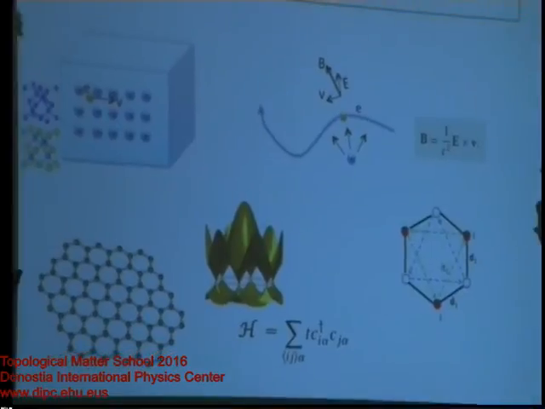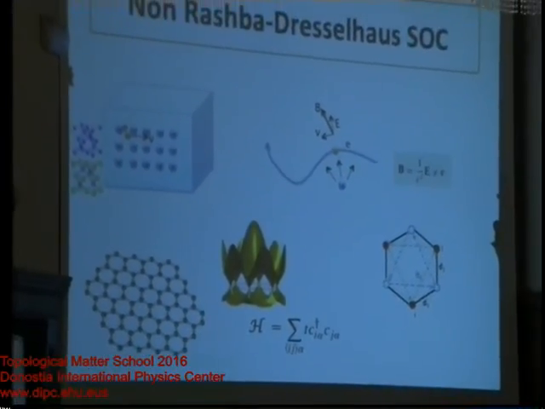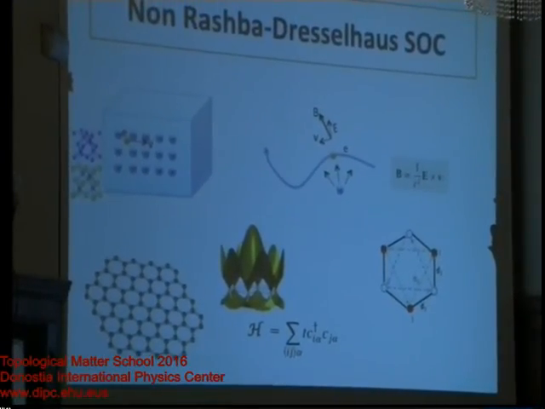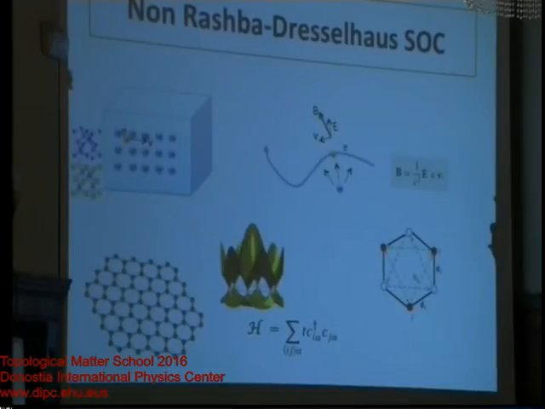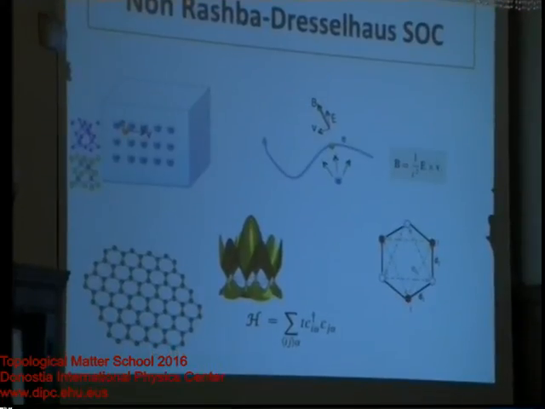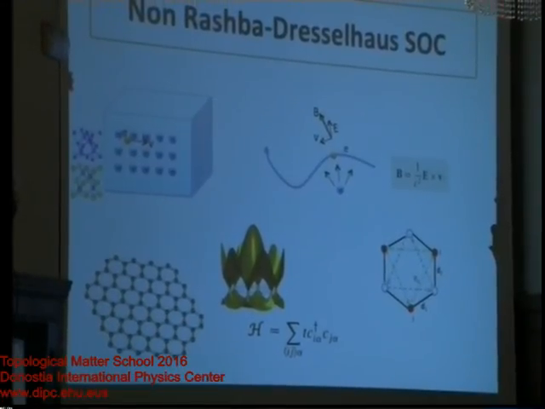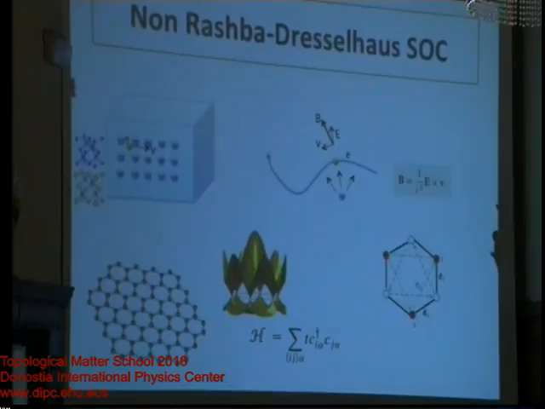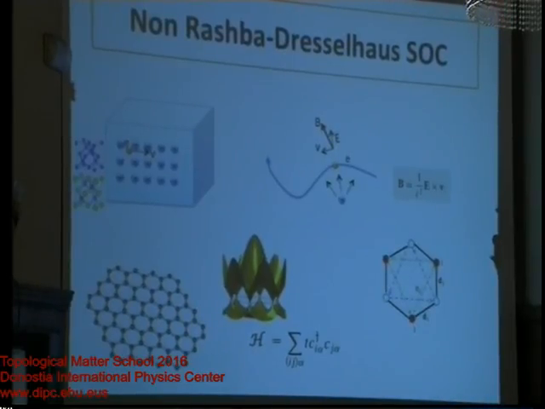And this is only first nearest neighbor hopping. And if one thinks a little more, what can happen? Like you include the second nearest neighbor.